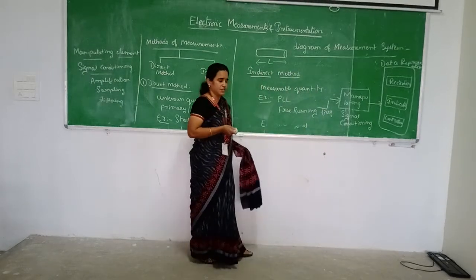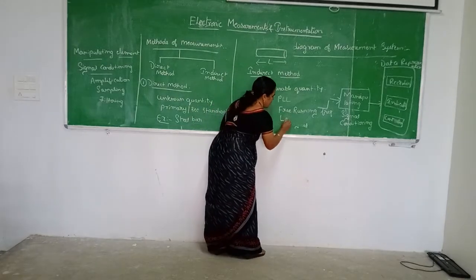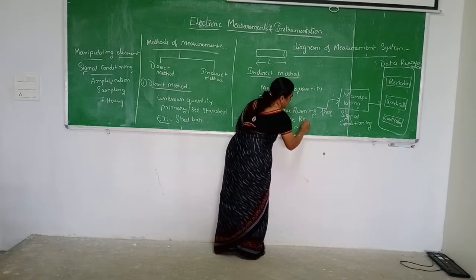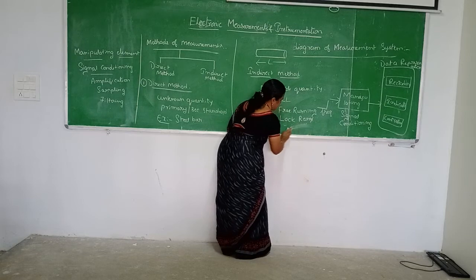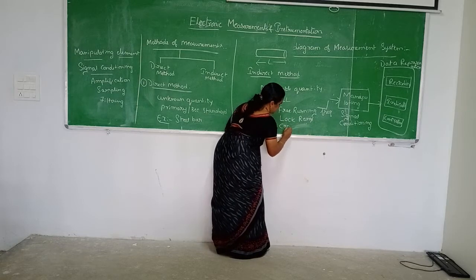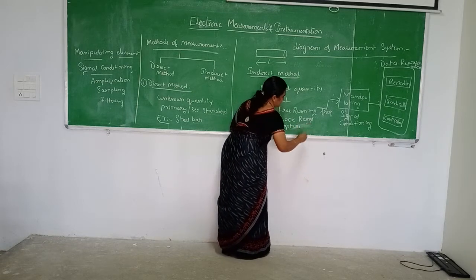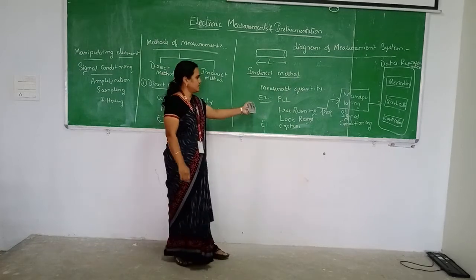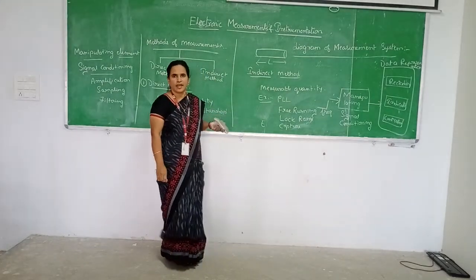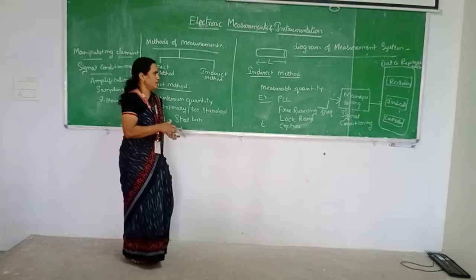After that we will measure the lock range and capture range. So this is the example for the indirect method of measurement.